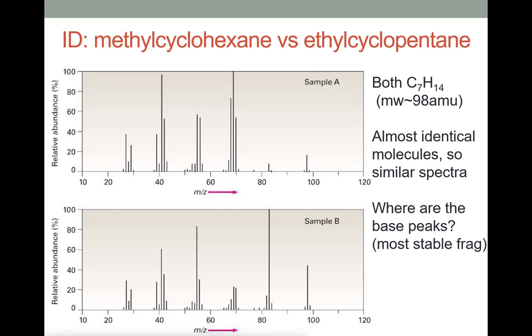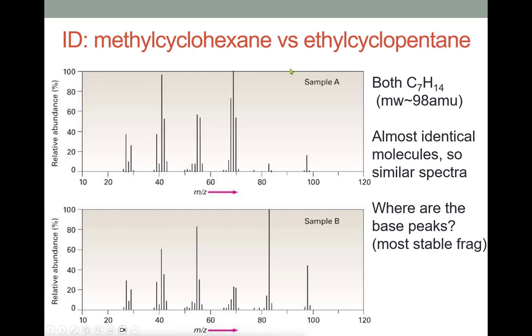Well, we want to look at the differences. Notice that even though they have the same groupings here, same sort of pieces, I see that in this case, going from the molecular ion peak at 98 down to this peak at 83, or that change of 15 units, is really, really common. So I'm losing a methyl group. Well, how is that going to work? Probably breaking off the methyl group from the cyclohexane.